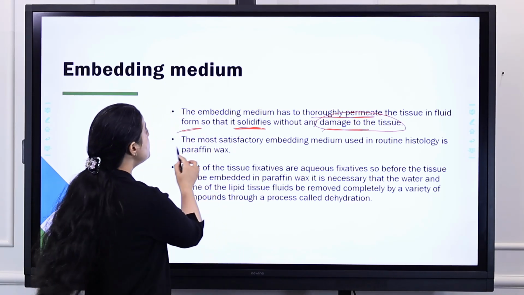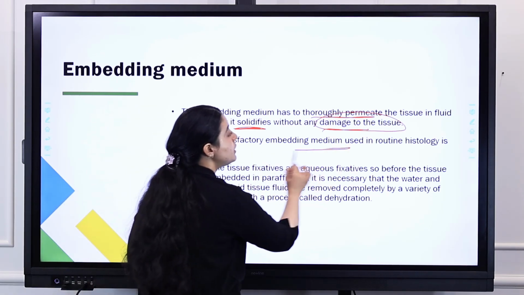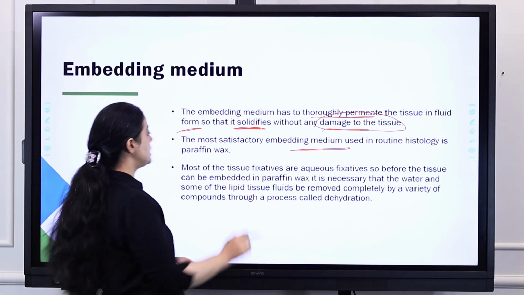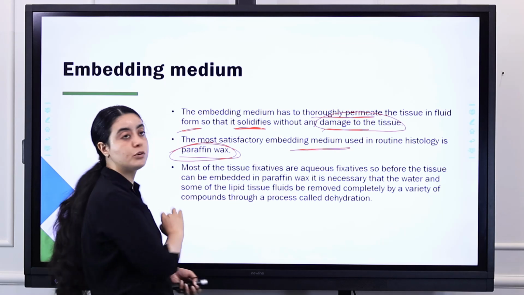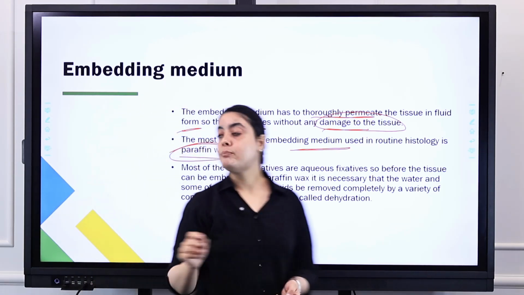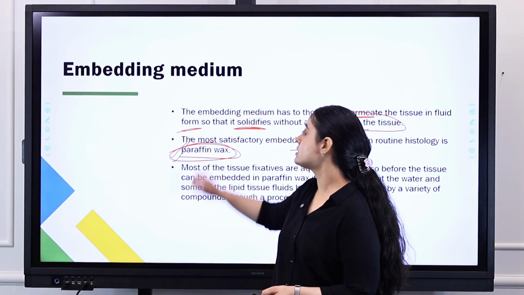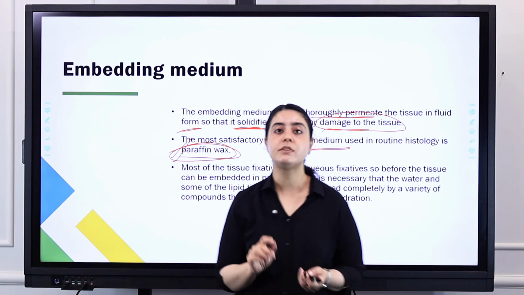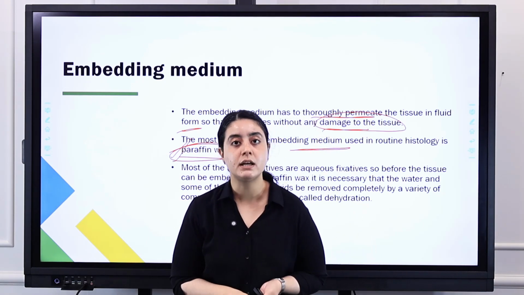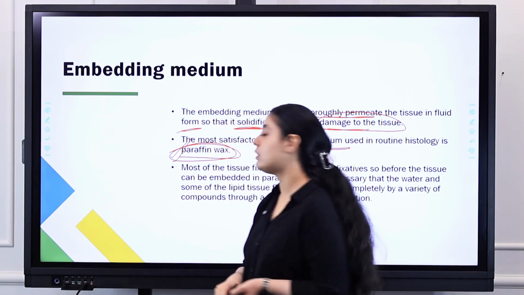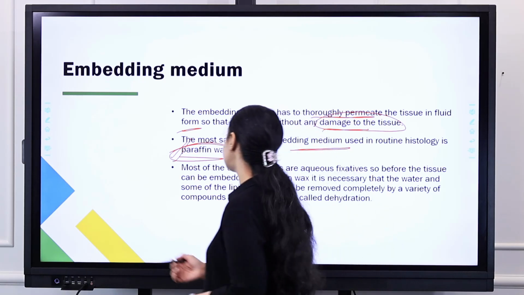The most satisfactory embedding medium used in routine histology is paraffin wax, as I have told you in the previous slide. So paraffin wax is the most satisfactory embedding medium commonly used in our histology or histopathology lab, right?